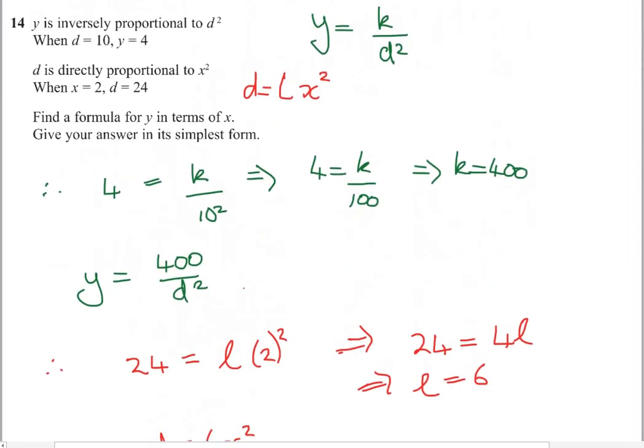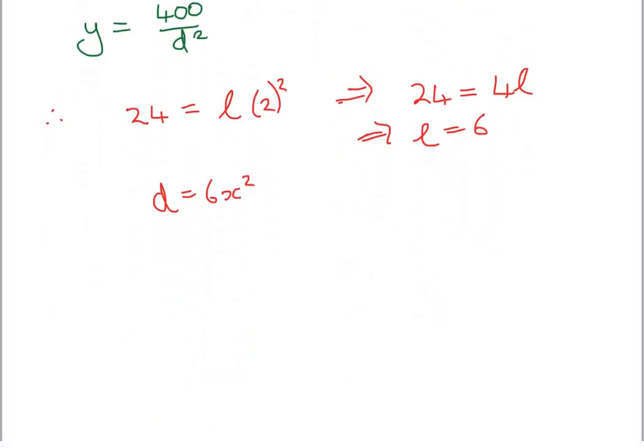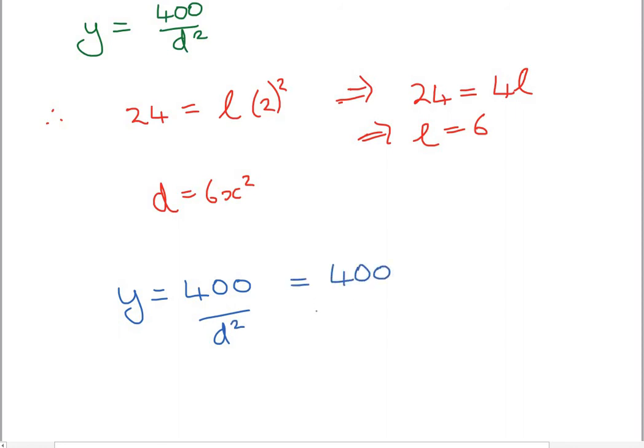Okay, and the question: find a formula for y in terms of x. So let's have a look. Well, we know that y equals 400 over d squared. But we now know what d is. Well, it's 6x squared.